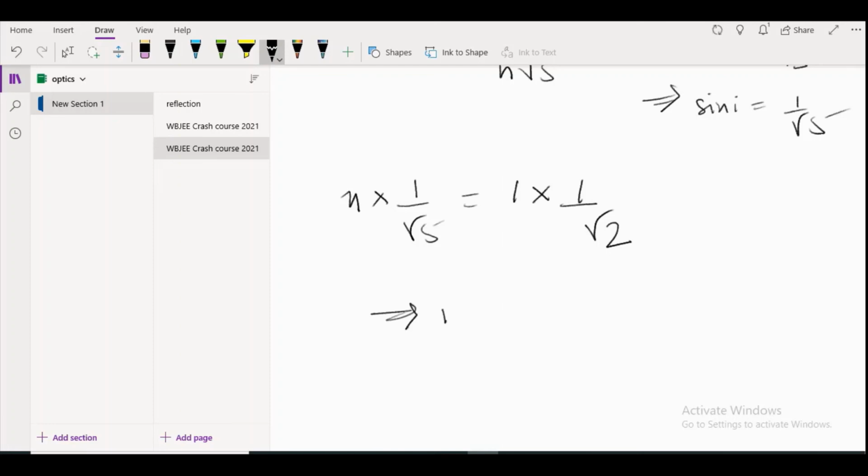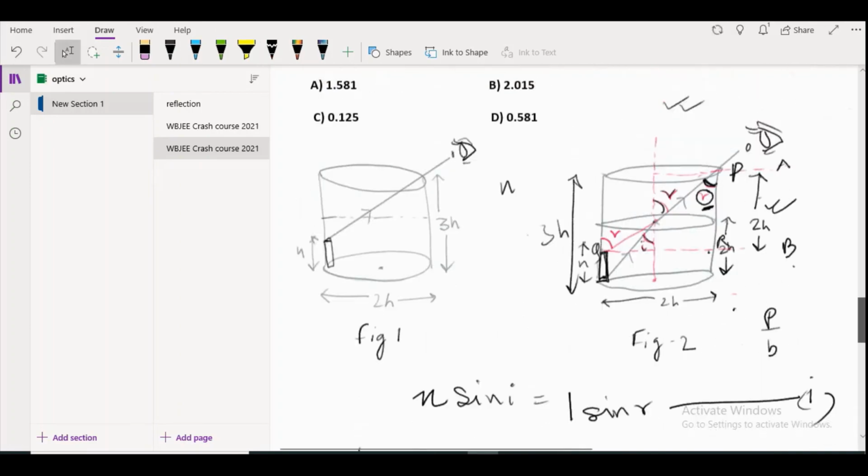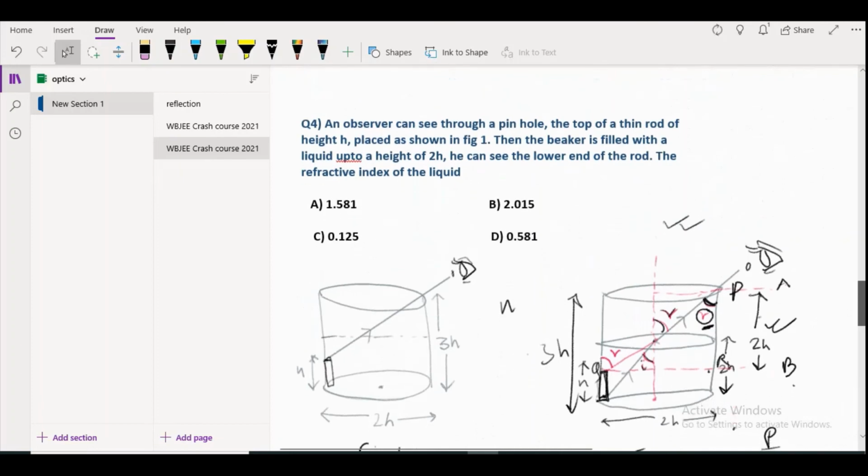That implies n is equal to root 5 by root 2. Now let's see the options, if we can match the options. What are the options? They are given in decimals. So what is the value of root 5 by 2? It should be close to 1.581. So option A is correct.